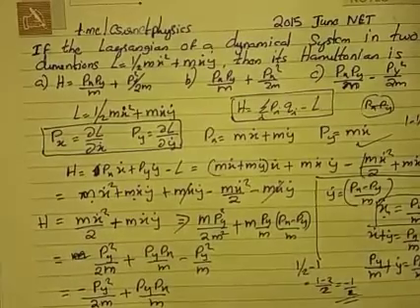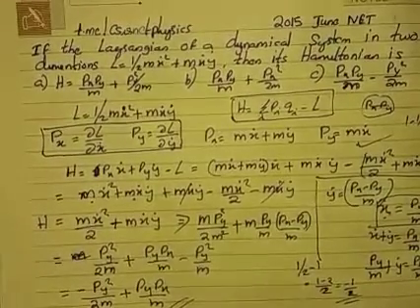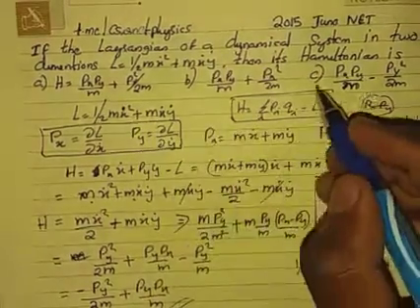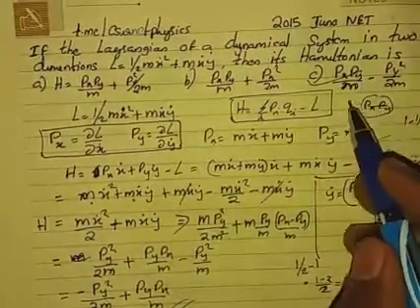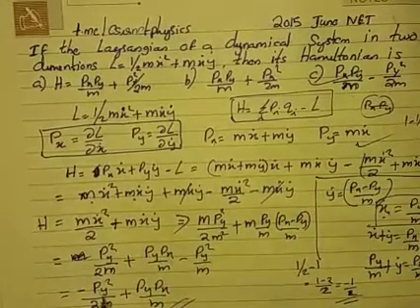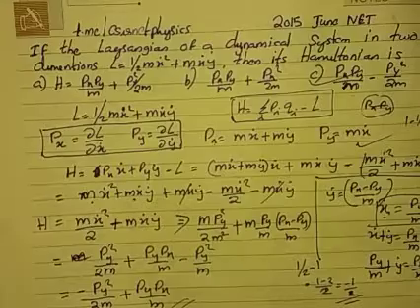It's just manipulation. This is the correct answer, which would be option C: px py by m minus py squared by 2m.